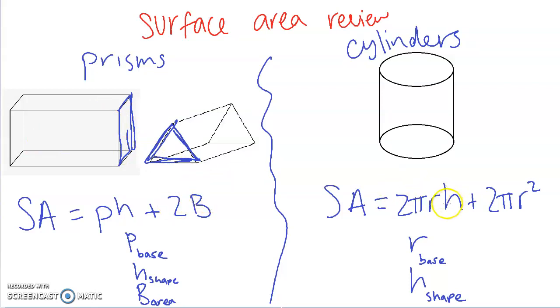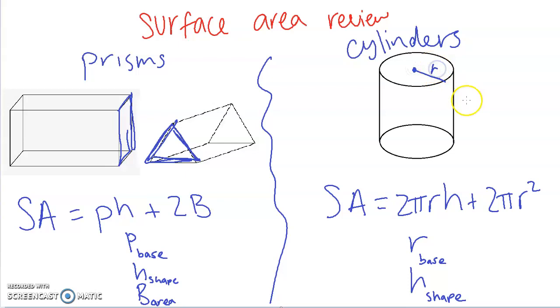The cylinder had a similar setup, but it looks a little different. The surface area for the cylinder is 2 times pi times r times h plus 2 times pi r squared. In order to find this, we only needed to know two things. The radius of the circle, which is from the center of the circle to the outside edge.